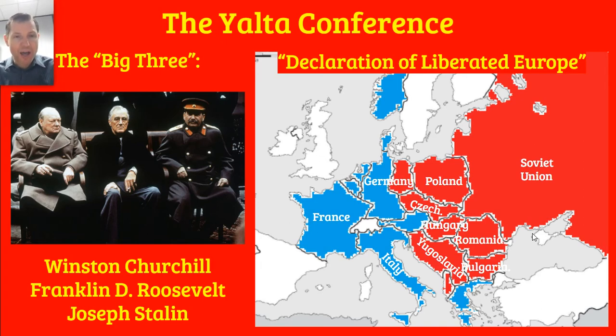So that's why when the Soviet army pushed into these countries, either liberating them from the Germans, as in Poland and Czechoslovakia, or punishing them for their role in the war, as in East Germany, Hungary, Romania, Bulgaria, he did not reconstitute the old governments that existed prior to the war. Instead, they created new governments there that were communist dictatorships that would be subordinate to the Soviet Union. In other words, they would do what Stalin told them to do. They would do what future leaders of the Soviet Union told them to do.